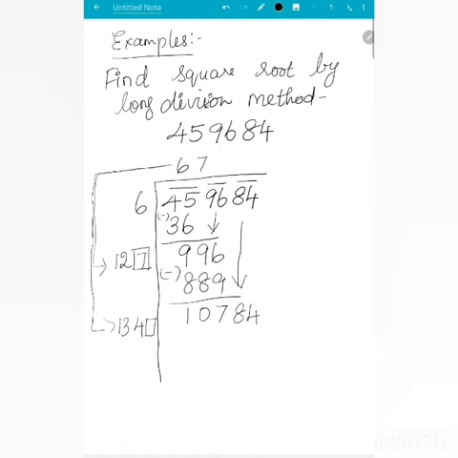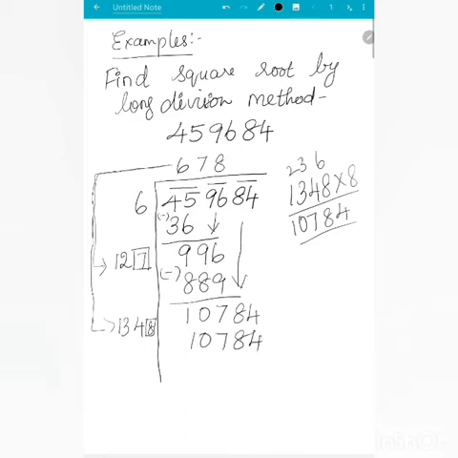Okay, so let me take 8. 1, 3, 4, 8 into 8. 8 8s are 64, 4 8s are 32, 32 plus 6 is 38, carry over 3, 8 3s are 24, 24 plus 3 is 27, balance 2, 1 8 is 8, 8 plus 2 is 10. So we get the correct number, that is 8. 10784. So if you subtract this, the answer is 0.